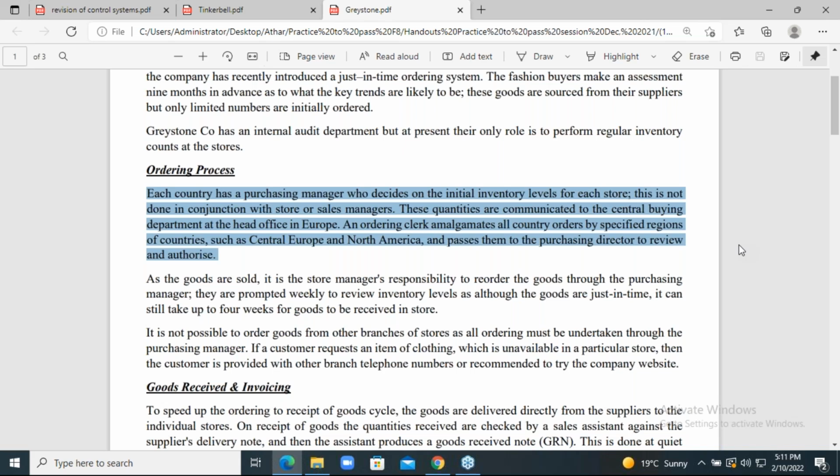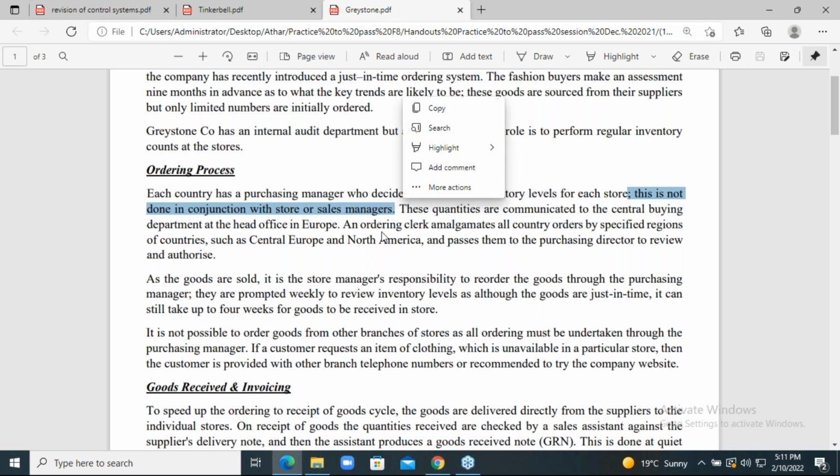So you can see that there is a certain level of control system applied in this organization. There is a sort of segregation of duty designed in this organization, but the data itself is pointing out some important control deficiencies. You can see this is not done in conjunction with the store or sales manager.